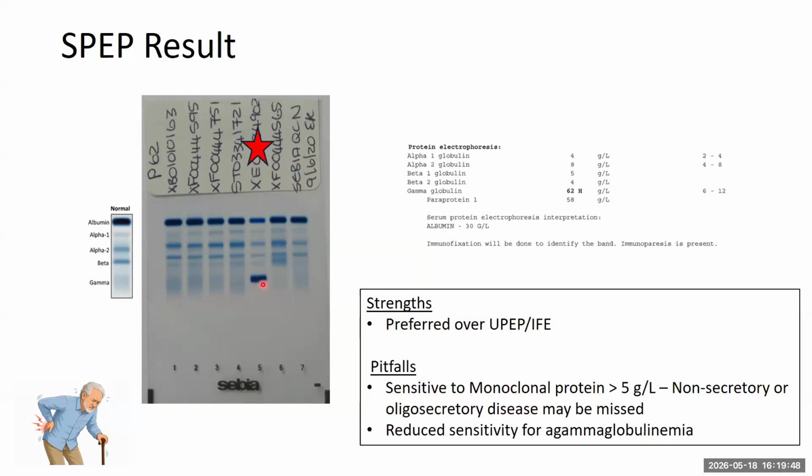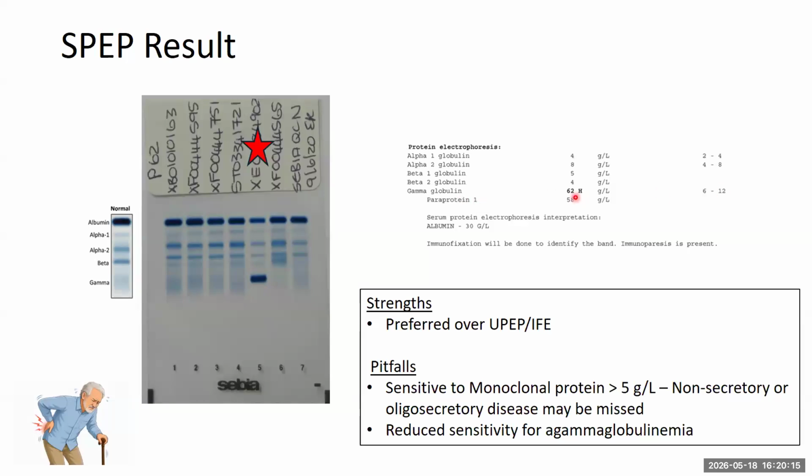This information is then converted into a densitometric curve, which we saw on the previous slide, and it then quantifies the findings. You all are familiar with this printout of the serum protein electrophoresis interpretation. If we compare what we are seeing here to the interpretation, we can see that there's a monoclonal peak in the gamma region.